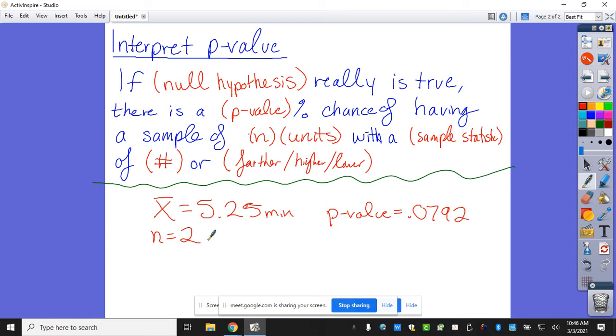So if it really was true that he ran a 5-minute mile, there's a 7.92% chance of him having a sample of 2 miles with a mean of 5.25 or higher. The only thing is that when I talked about p-value before, I said getting a value this far or extreme, specifically due to the fact that we took a sample of that size. So it would need to be added in.